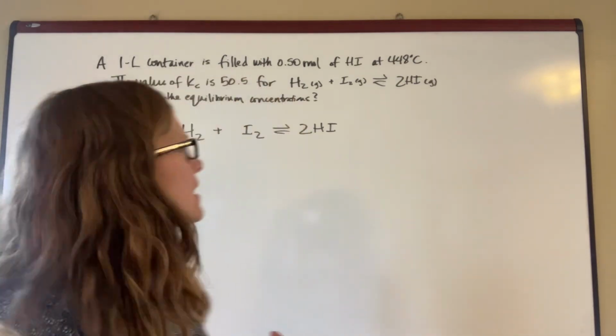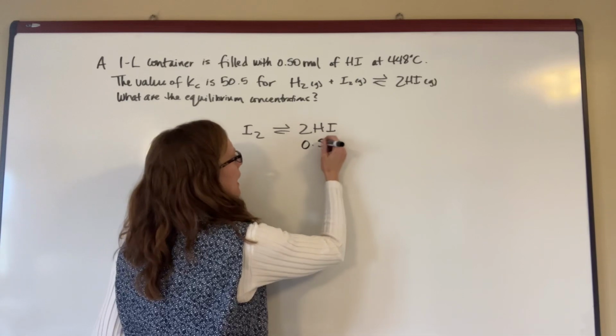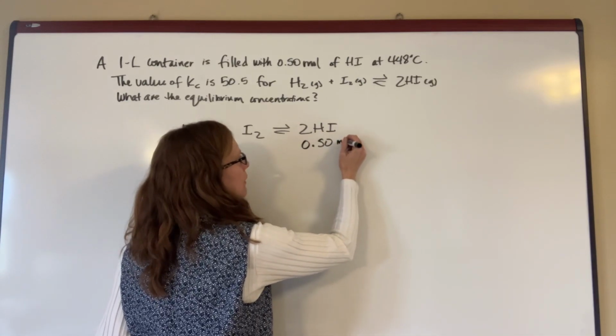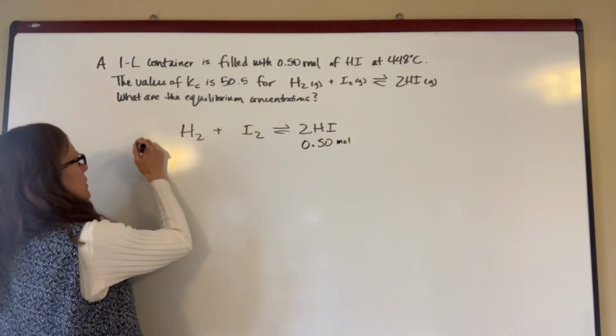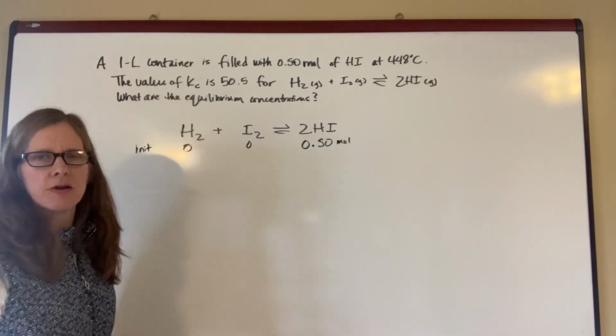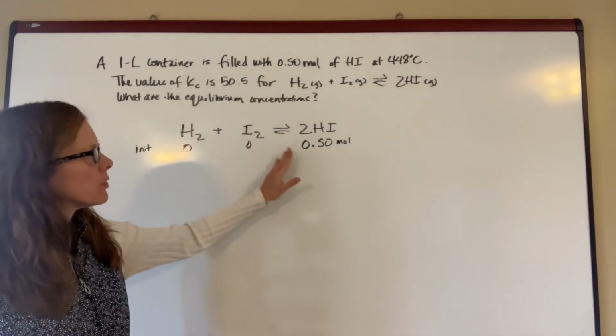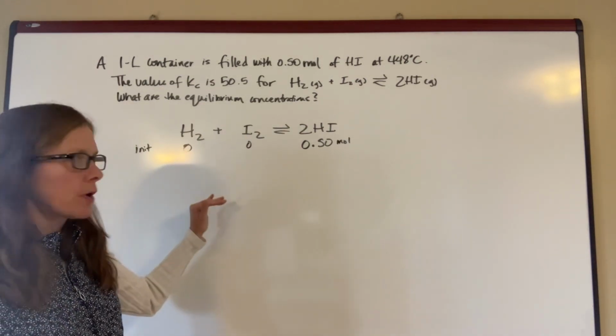All right, so let's look at this particular problem. This one says that I'm starting out with 1/2 mole of hydrogen iodide. So initially here, I don't have any hydrogen gas or any iodine gas. Because this is an equilibrium, it's going to be able to go both ways.